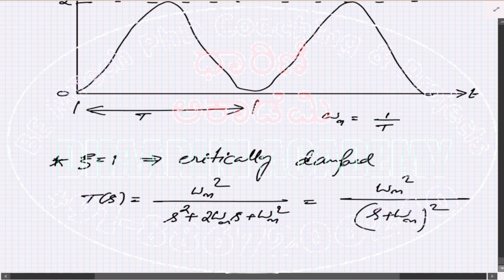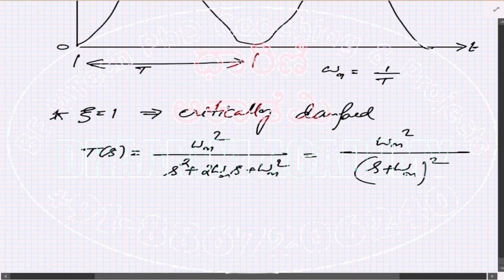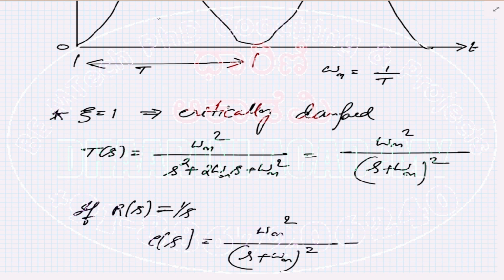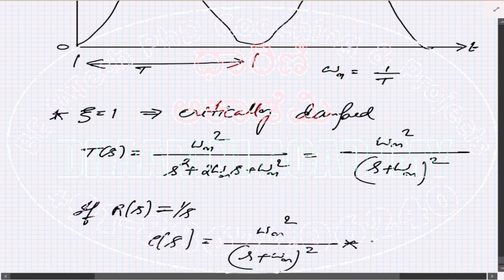Okay. So if the input is a unit step, r of s is equal to 1 by s, then c of s will be the same term, omega n square by s plus omega n whole square, multiplied by 1 by s.